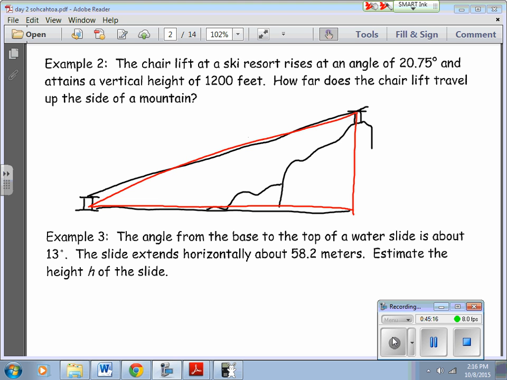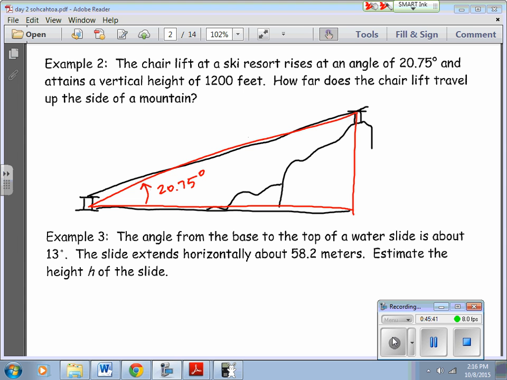Yep. You guys agree that the ski resort lift rises at an angle, so that's an angle of elevation. You guys understand that's this angle right here? So that's the angle of elevation. That angle measures 20.75 degrees. Yeah.